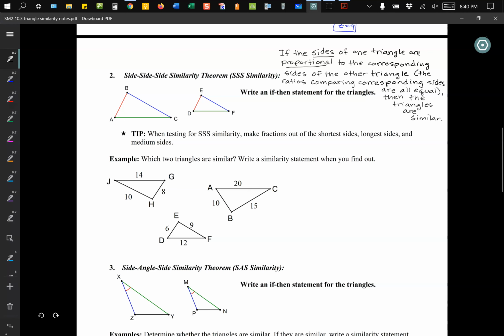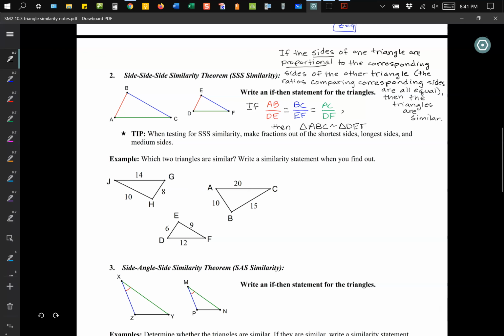So, for example, if I make a fraction out of the 2 red sides here, AB over DE, if that fraction simplifies to the same thing as the fraction I can make out of the blue sides, BC over EF, and that fraction simplifies to the same thing as the fraction I make out of the green sides, AC over DF, then triangle ABC is similar to triangle DEF.